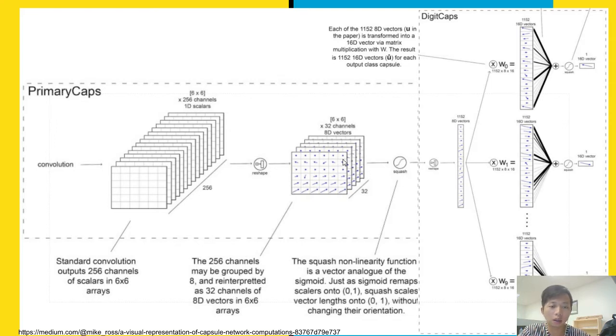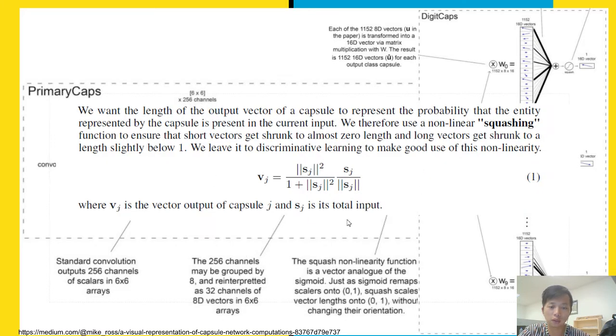You can see that here the output of the capsule is a vector instead of a scalar, so we need a new nonlinearity function which can work with vectors. In this paper, they proposed to use the squash function. The squash function is an easy function which just adds some nonlinearity, and they keep the orientation, the direction of the vector, and they shrink the length of the vector to less than 1.